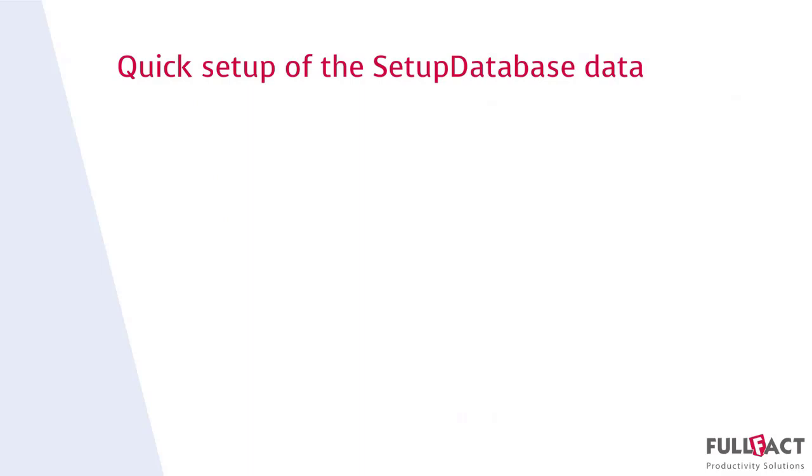Quick setup of the setup database data. When you're installing the modules of our software, the first thing you have to activate is the setup database. When you install OA Blue or Remote Collect, it automatically pops up with the setup database screen window, and you have to enter the credentials that the software will use in the background to connect to your SQL database when you start one of our modules.